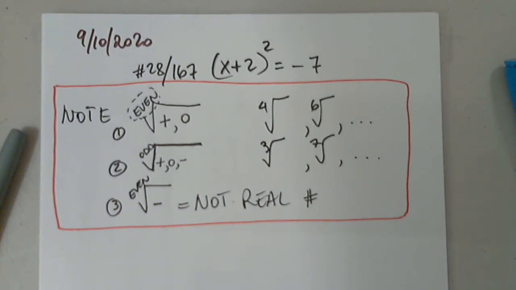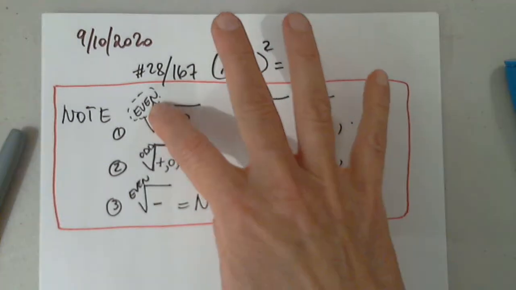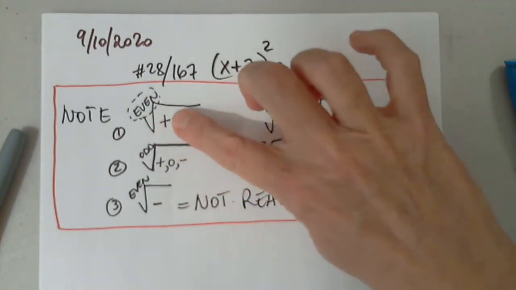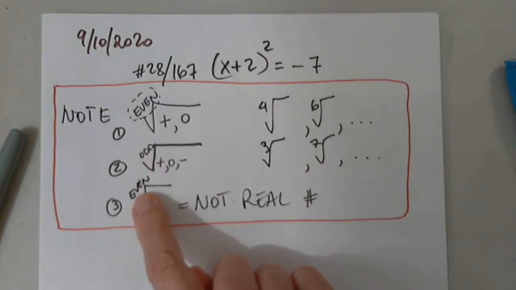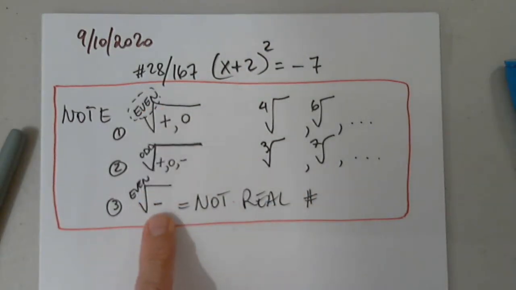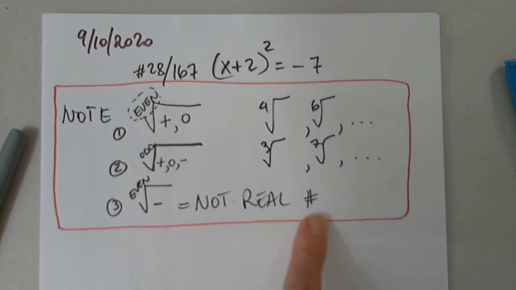Very important note. So even index, not friendly: requires positive or 0. Odd index, anything goes. When the index is even and applied to a negative number, the answer is not real.